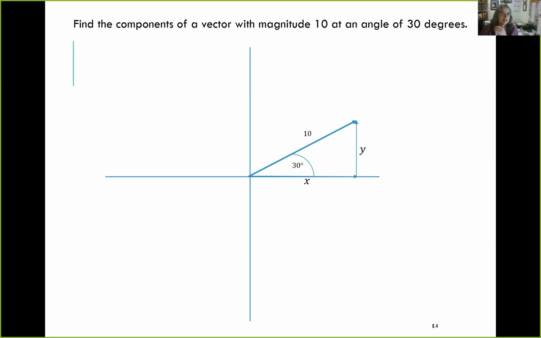So let's practice that. Let's take a look at this vector, which has a magnitude of 10 at an angle of 30 degrees, and I want to find the components. This is just a right triangle. So x is equal to 10 cosine 30 degrees. Y is equal to 10 sine 30 degrees.